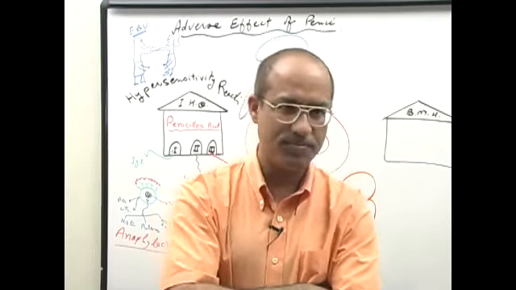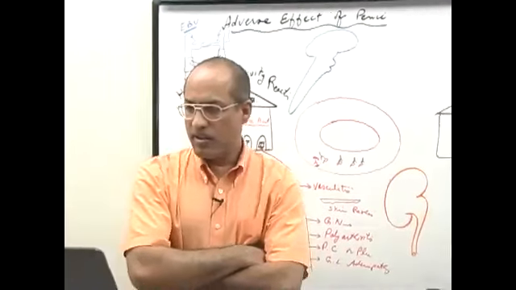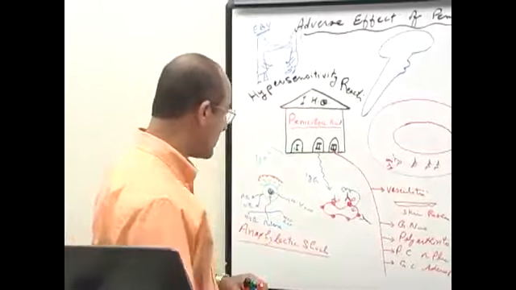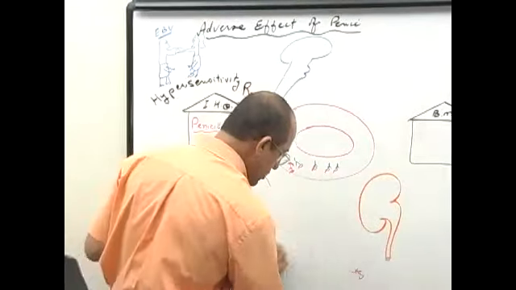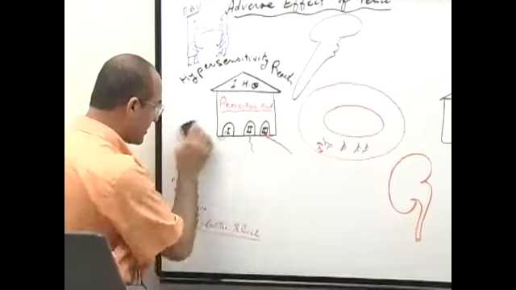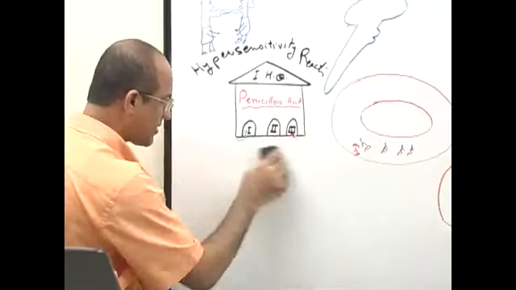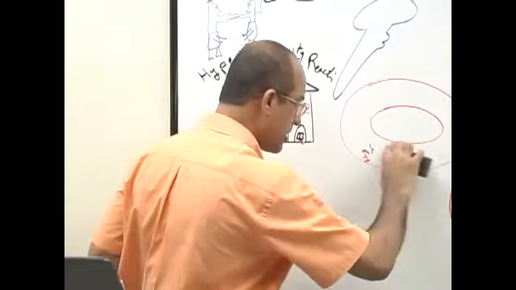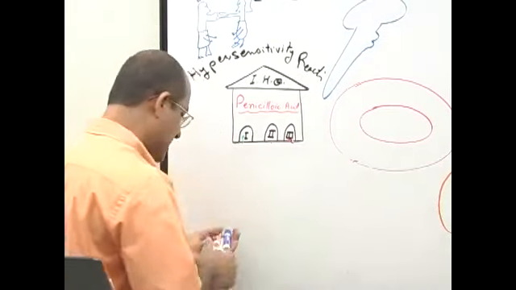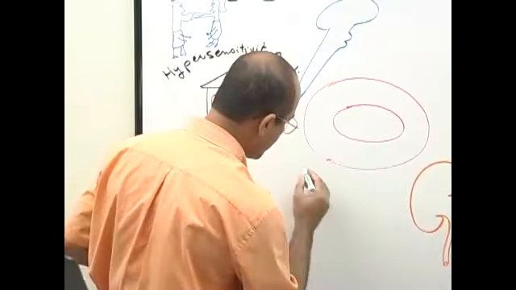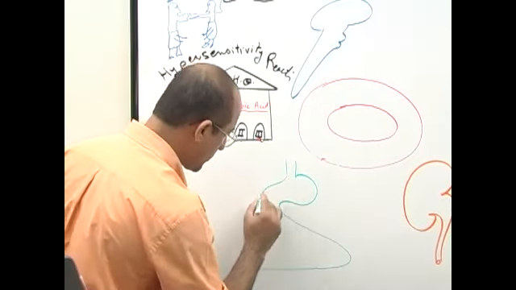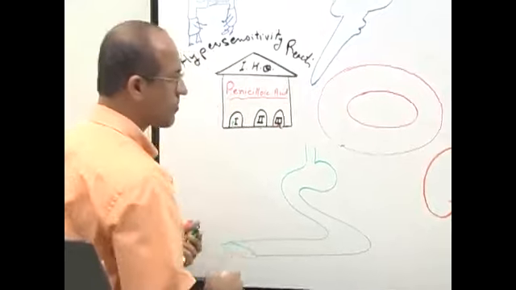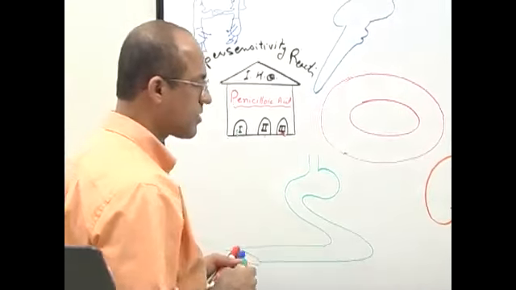Am I clear? Okay. Then we go to another side effect related to penicillin. Another type of side effect is that penicillins can produce diarrhea, and this side effect is more common with ampicillin, right?